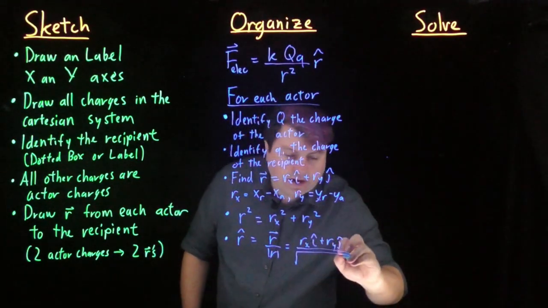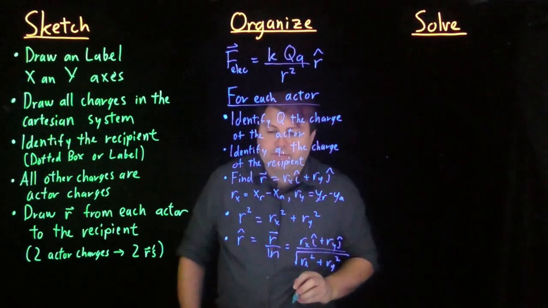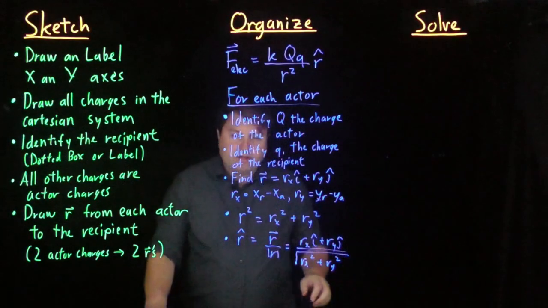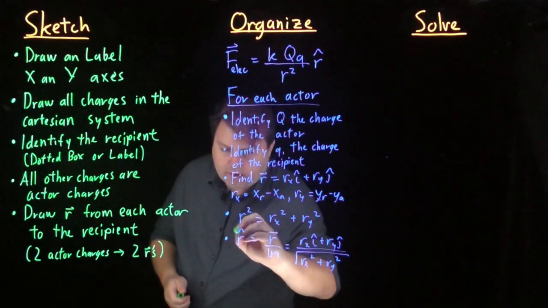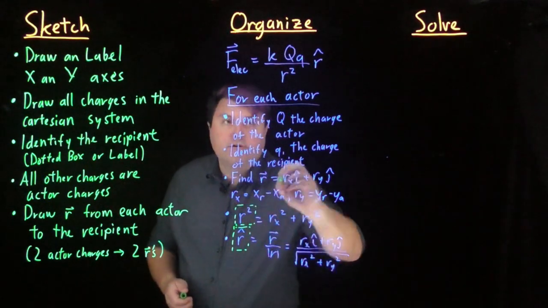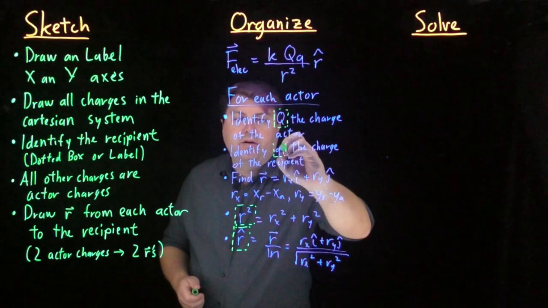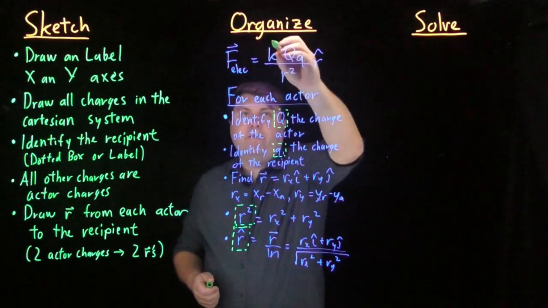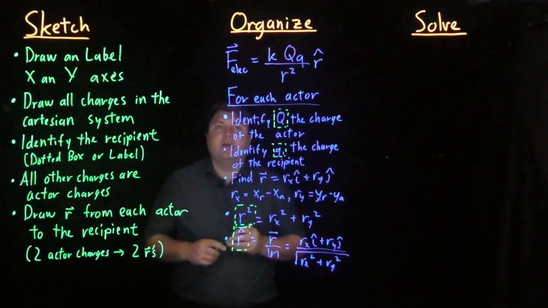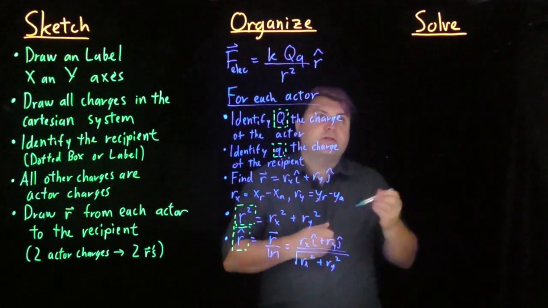So the square root of r_x squared plus r_y squared. So once we do this, then we have r hat, r squared, capital Q, and little q. And this gives us everything that we need for each actor to solve the electric force.